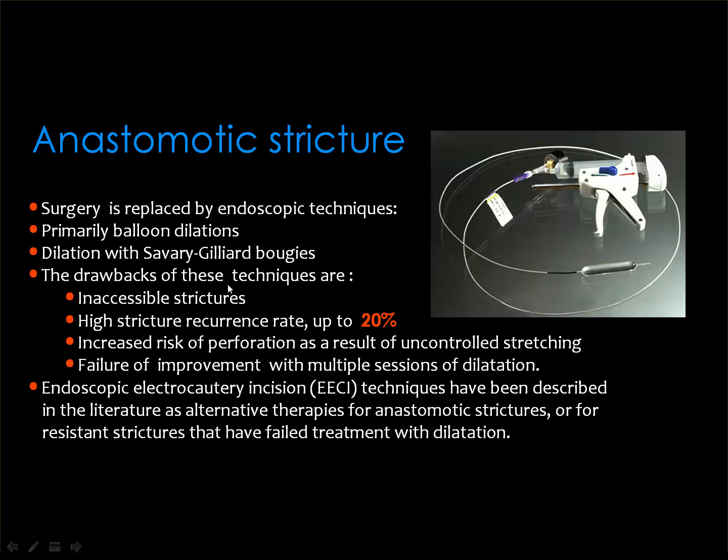And there are some drawbacks of these techniques also, including inaccessible stricture, high stricture recurrence rate in up to 20% of the cases, increased risk of perforation, and failure of improvement with multiple sessions of dilatation. Then a new technique which is known as endoscopic electrocautery incision has been described in the literature as an alternative for management of benign strictures.